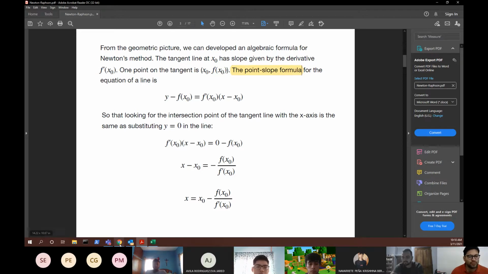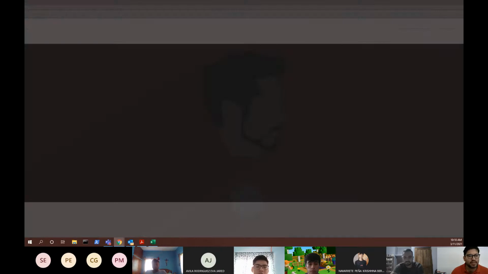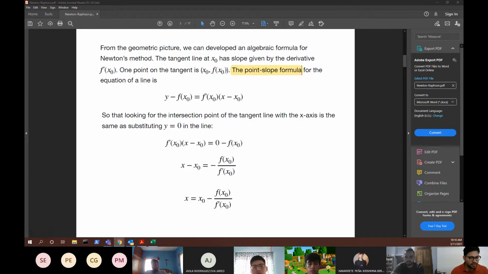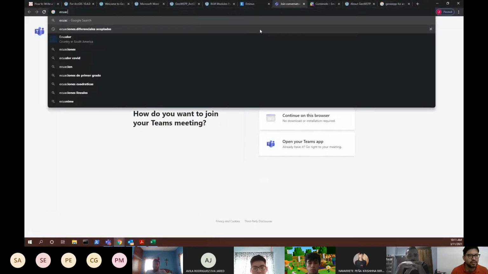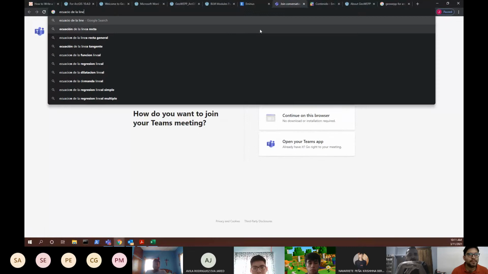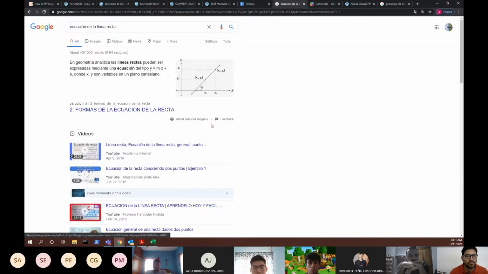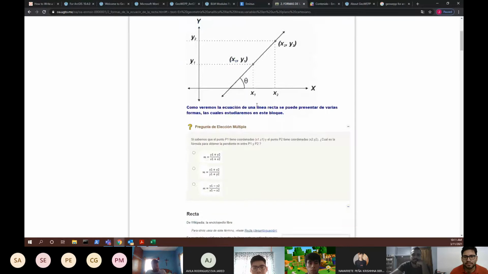Let's just go to Google to remember a little bit of this. I'm going to remind you, because it's very important for you to connect all the knowledge that you previously got. So let's get it in Spanish: ecuación de la línea recta. This is the equation that I'm going to talk about.